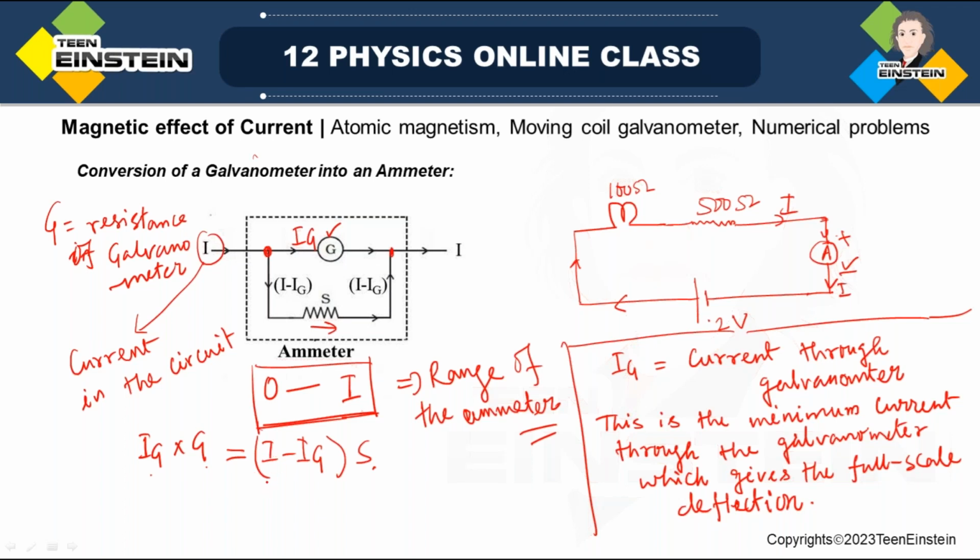If the range is given and you have been given Ig and G, then you can find out the required S. So now we just want to find out the required resistance.